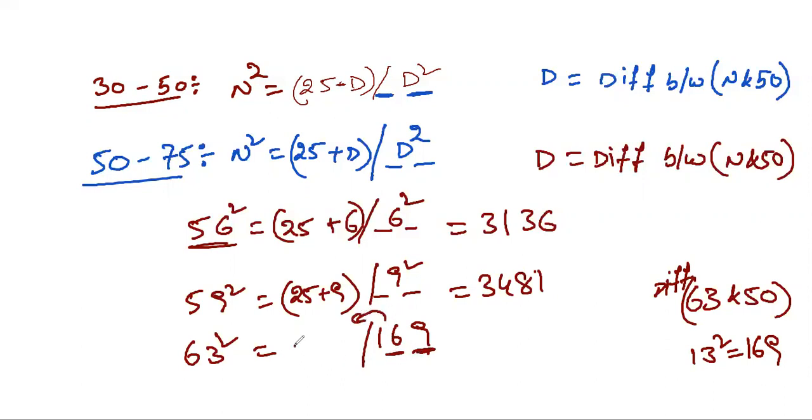But what is the next step? 25 is added by 13. 25 plus 13 is 38. 1 is carry. 38 plus 1 is 39. And the last 2 digits will be 69. So this is the answer, 3969.